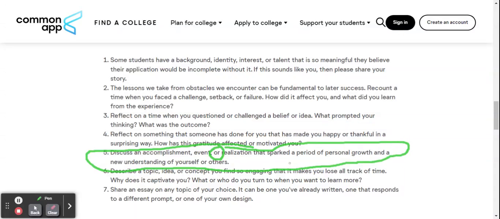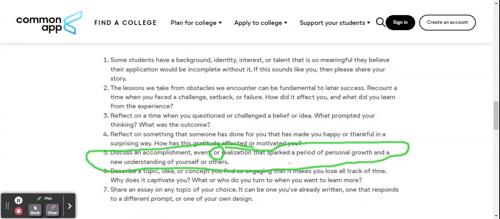I know it says, and a new understanding of yourself or others. No, it's really about a new understanding of who you are and maybe how you view other people and how you view the world because of that accomplishment, because of that event, because of that realization.